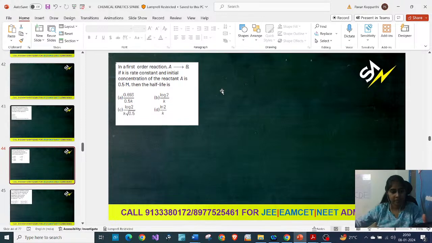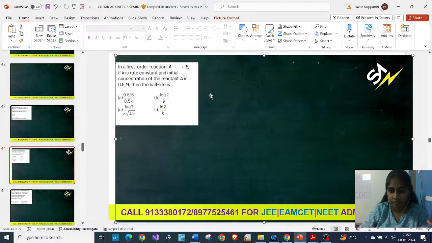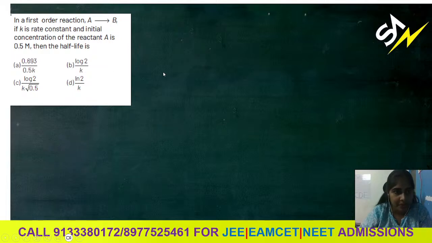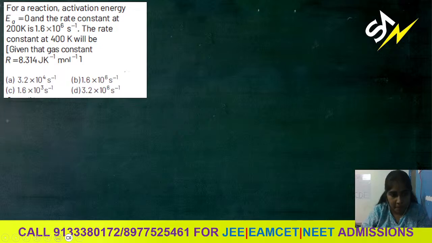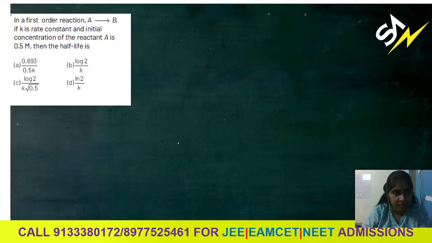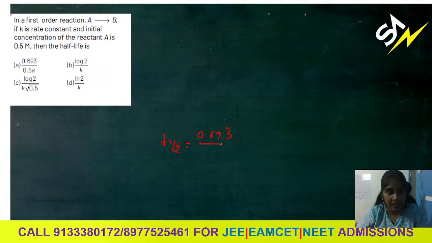So here the question given is for a reaction A to B, the half-life, here the T half in this question will be of 0.693 by the concentration.